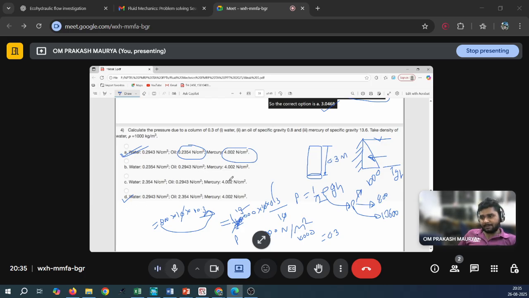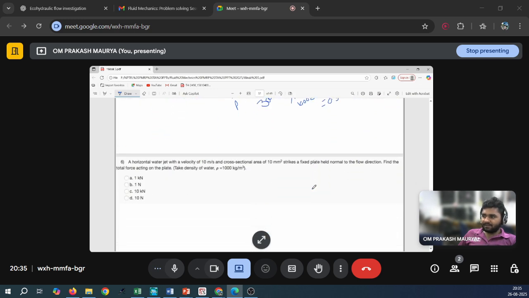So remember, please. Now the next question is, a horizontal water jet with a velocity of 10 meter per second and cross-sectional area of 10 mm square strikes a fixed plate held normal to the flow direction.